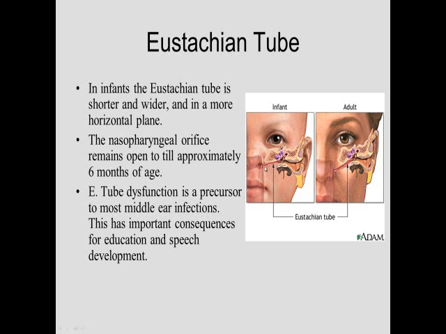One thing that I mentioned before is that this tube is lined with mucosal skin, and it is sticky, and it normally is closed. It takes some action on the part of the individual to actually open up the Eustachian tube. Well, the more horizontal it is, the harder it will be to, in a sense, defeat gravity when trying to open this thing up.